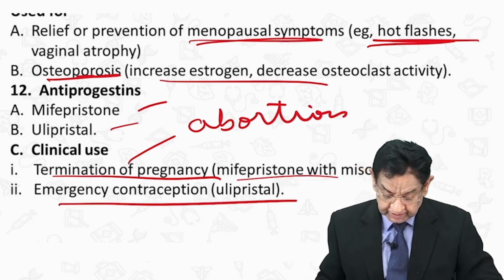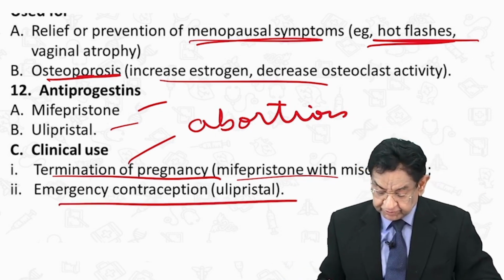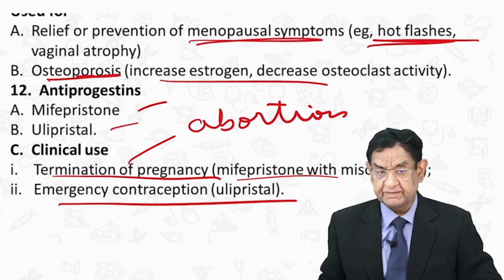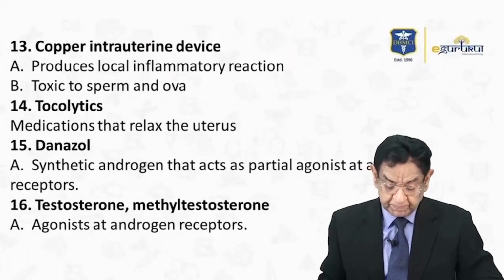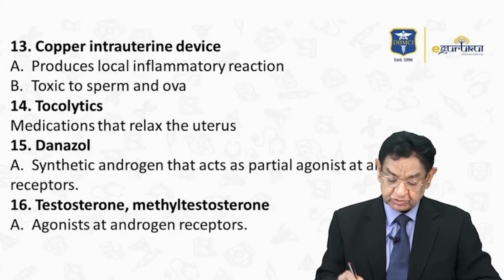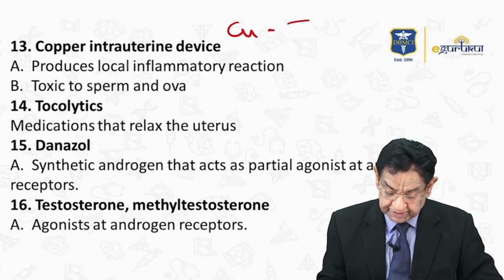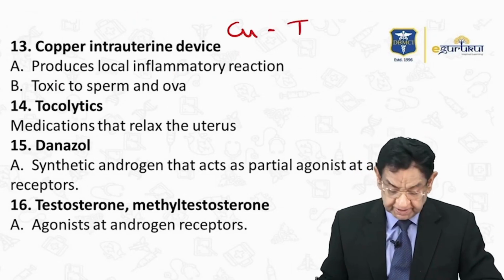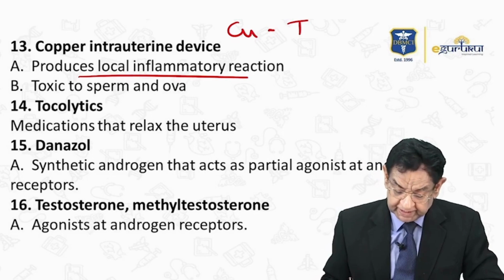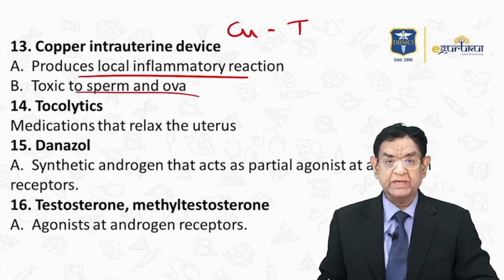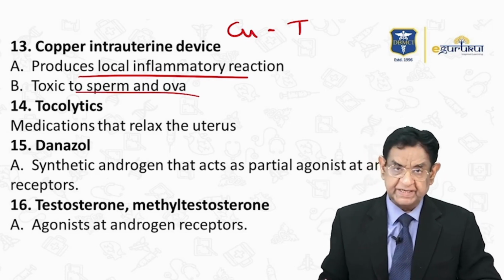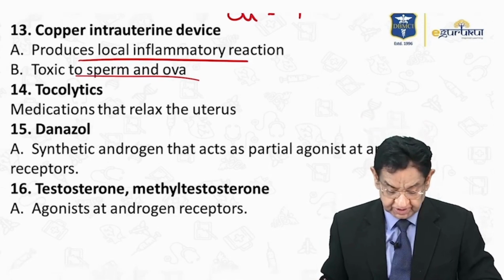Ulipristal is also used as an emergency contraceptive. Copper intrauterine device, what we call copper T in the popular general term, produces a local inflammatory reaction. It is toxic to sperm and ova, so it prevents fertilization as well as implantation.